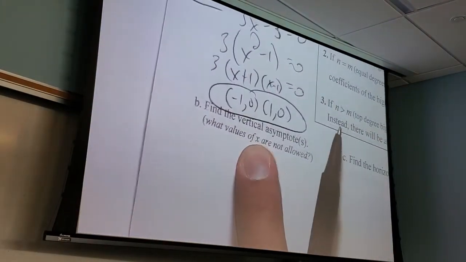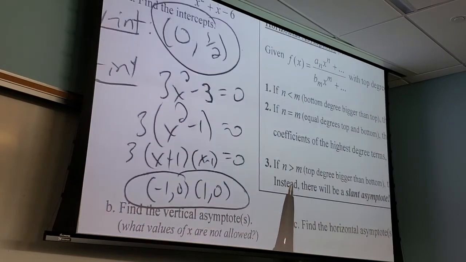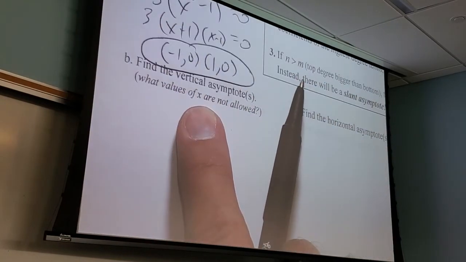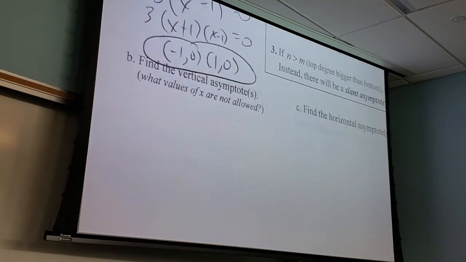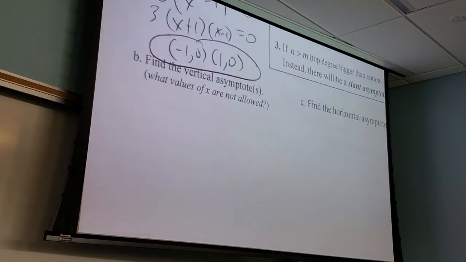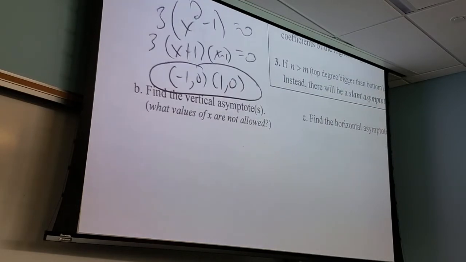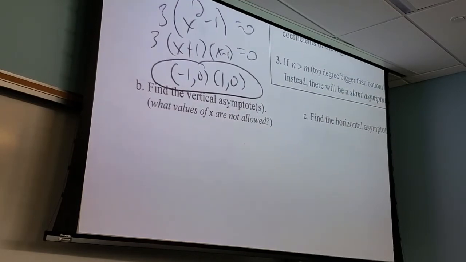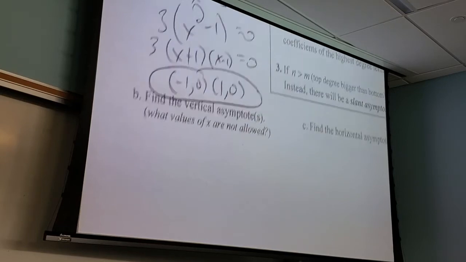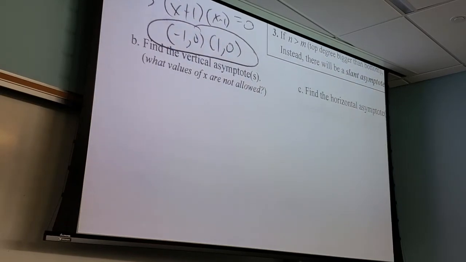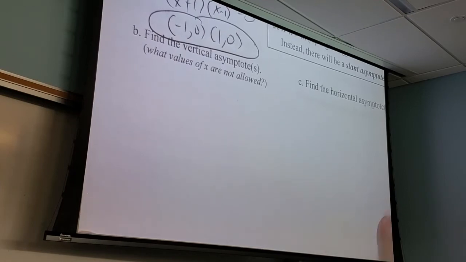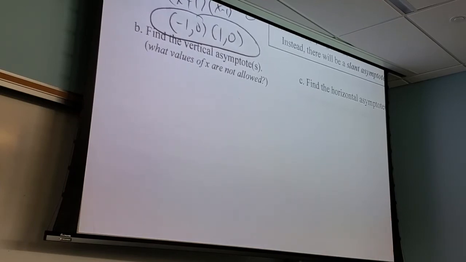Take a minute to figure out the vertical asymptotes. Oh, that's right. So how do you figure out what values of x are not allowed?